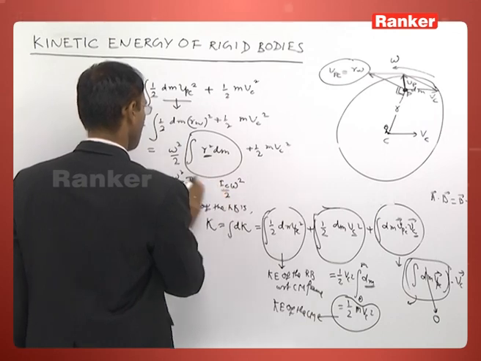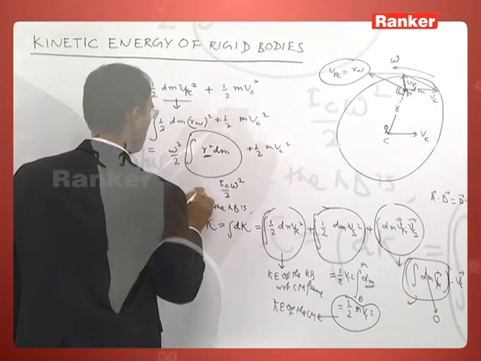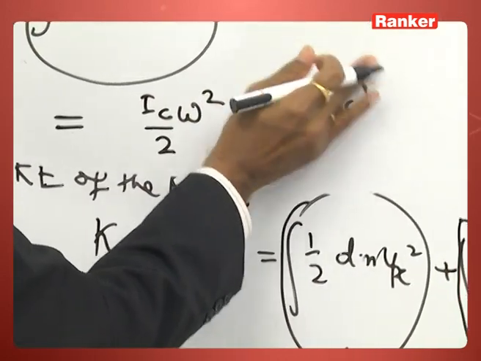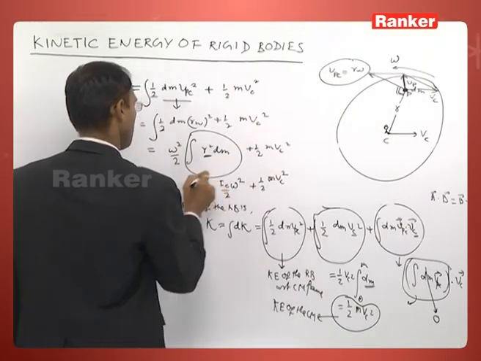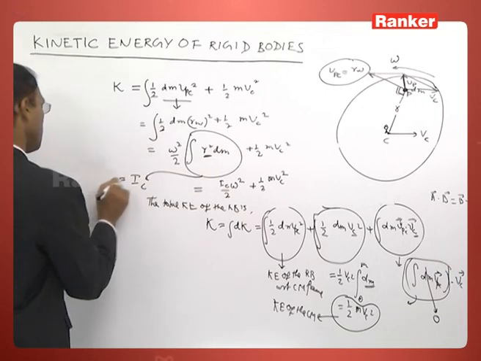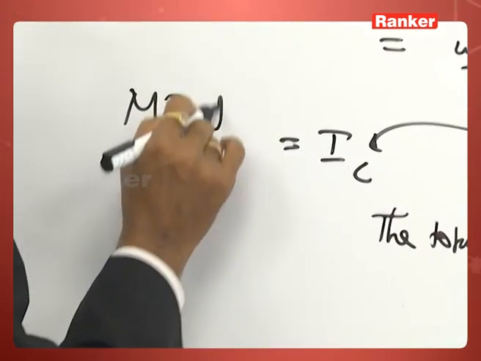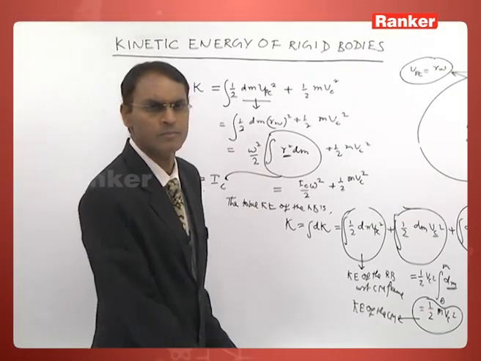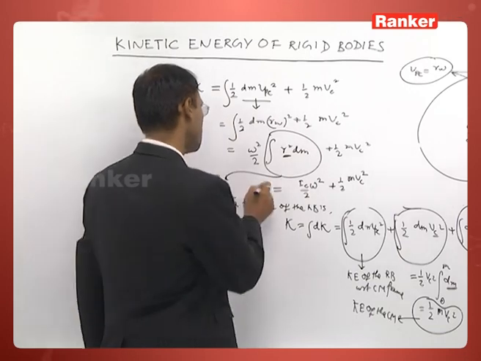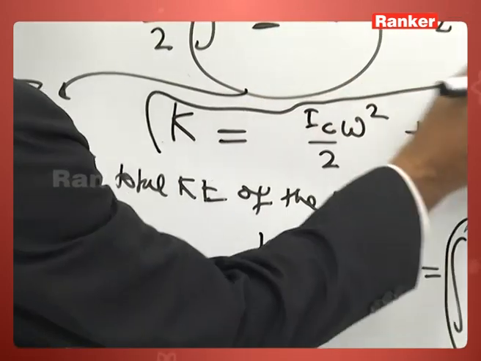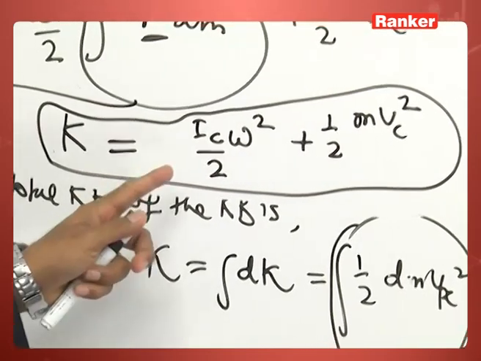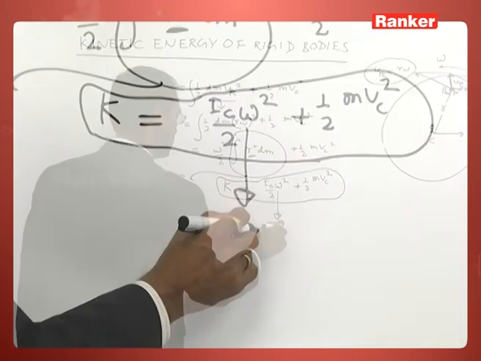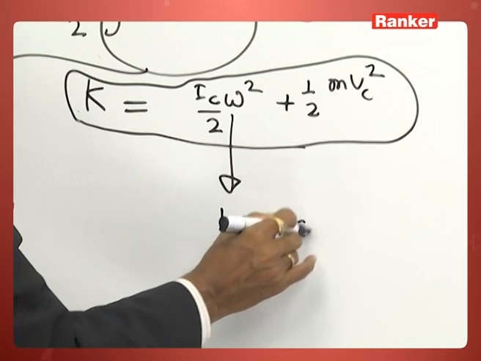Plus half M Vc square. This Ic is the moment of inertia about the center of mass axis. This is the kinetic energy of the rigid body. We have two terms. The first term is the kinetic energy with respect to the center of mass.